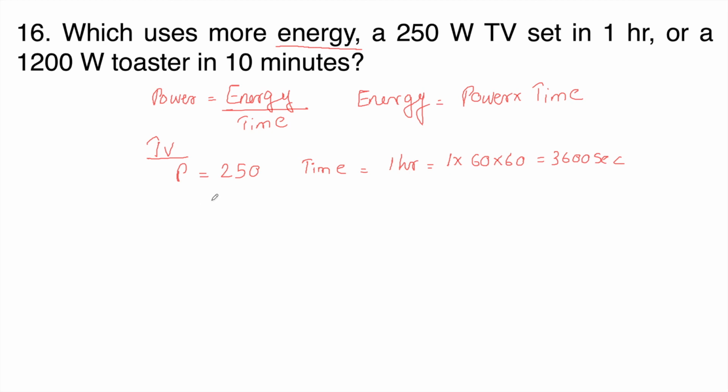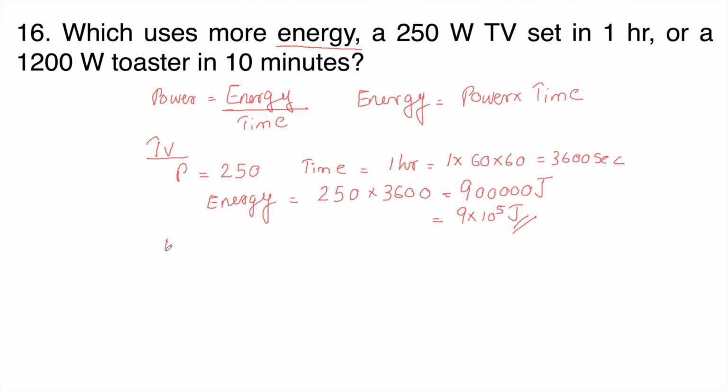Now we can calculate the energy, power into time. That means 250 into 3600. That is equal to 900000 joule. Okay, joule is the unit for energy, and again we can write it as 9 into 10 raised to 5 joule. This is the standard form. So this is the energy consumption in the case of TV.